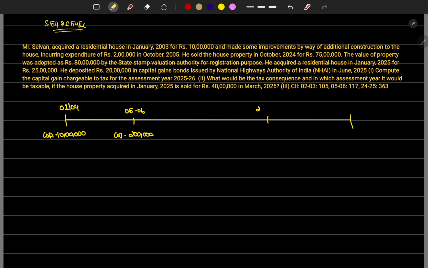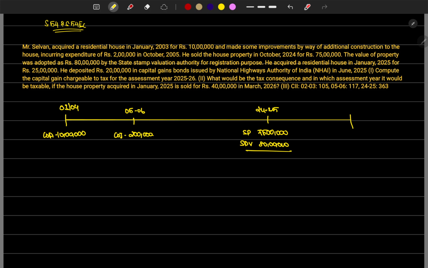In 2024-25, he sold the property for 75 lakhs, which is the fair value consideration. This is the selling price, and the SDV is 80 lakhs.